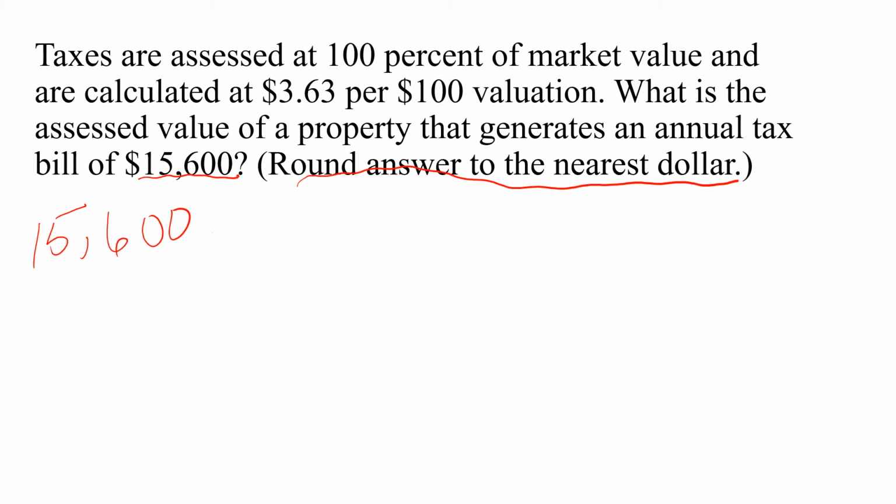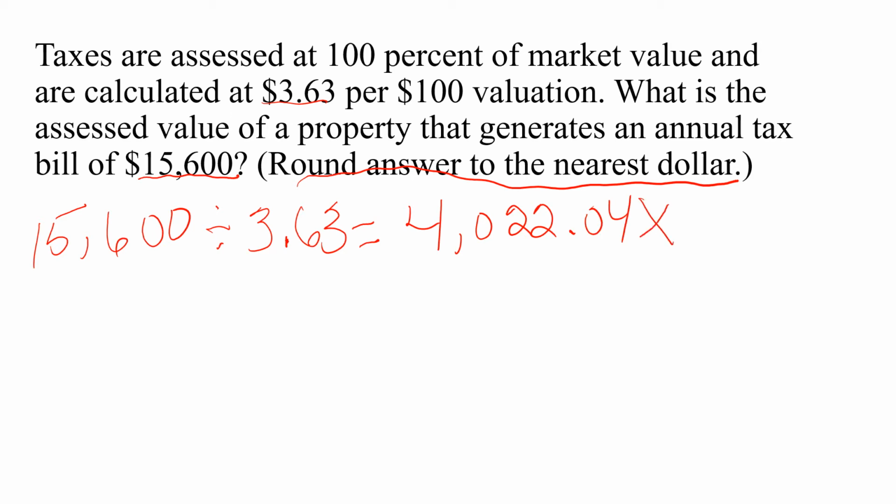So we're going to divide that by our tax rate, which gives us 4,297.52. Now we're going to multiply it by 100. See, in our previous questions, we were multiplying by the tax rate and then dividing by 100, but we're doing the opposite now because we're working completely backwards.